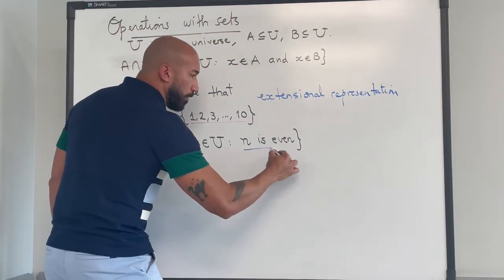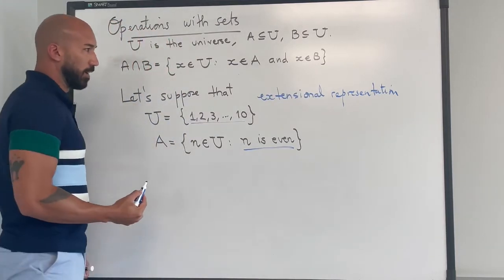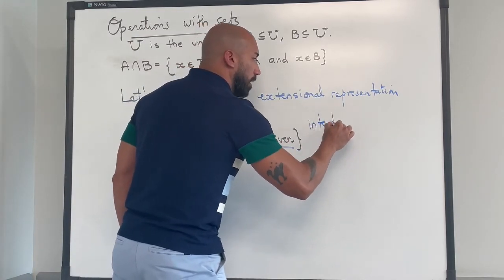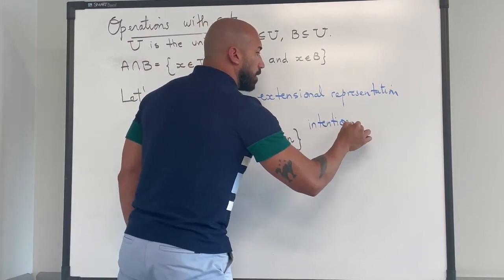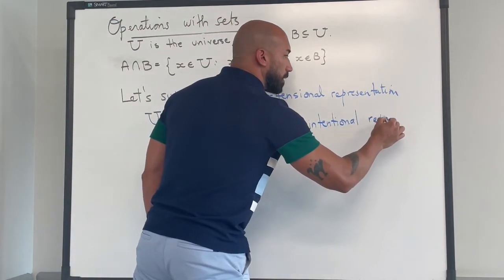Or we can provide the property that only the elements in that set satisfy. In this case, we are going to say that we are describing the set intentionally. So this is an intentional representation.